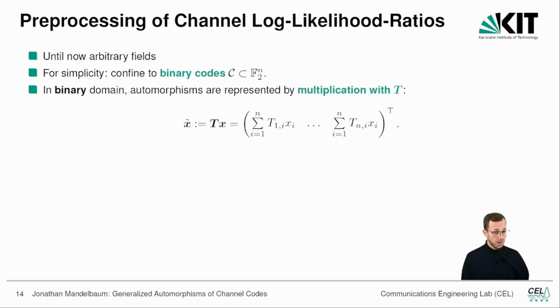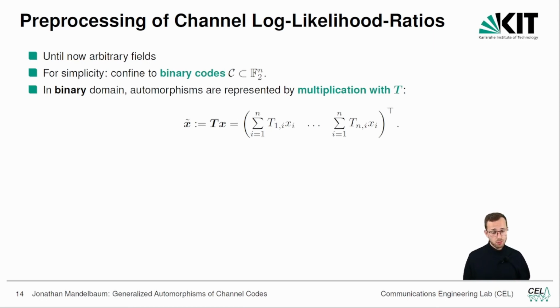Notice that until now, all considerations hold for an arbitrary field. Now, for simplicity, we confine ourselves to binary codes. However, all those derivations or observations are also valid for different fields if we adapt them suitably.